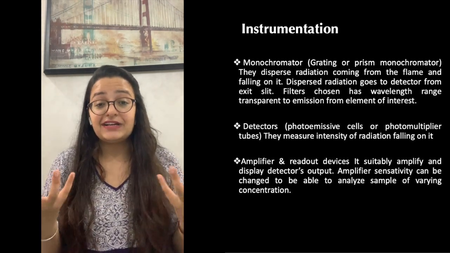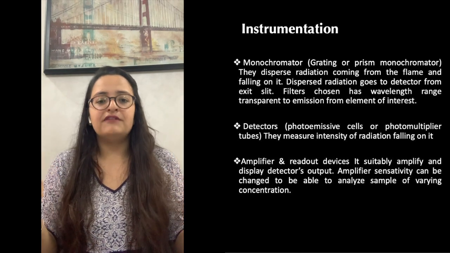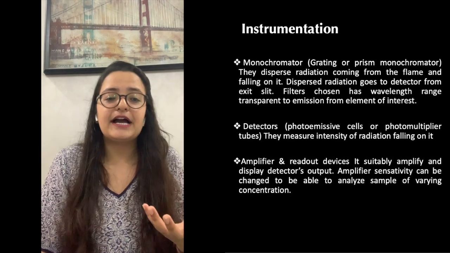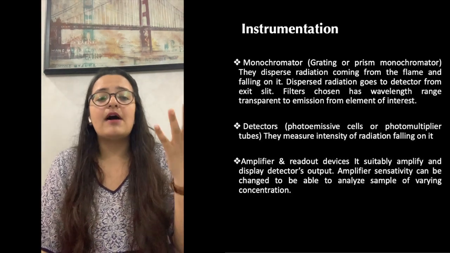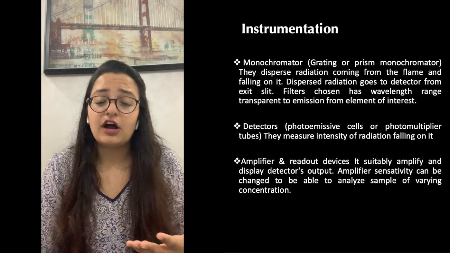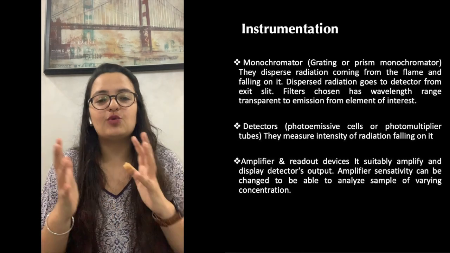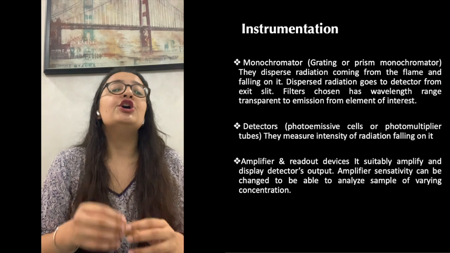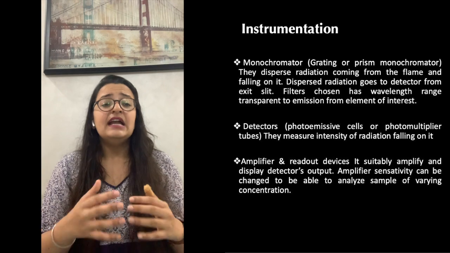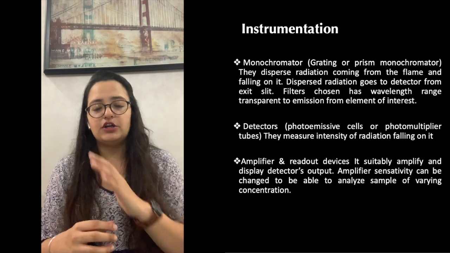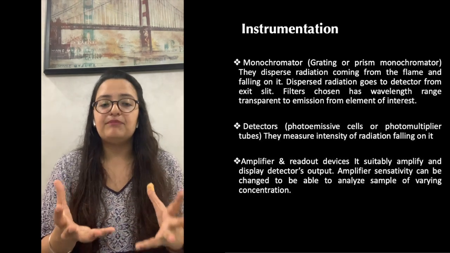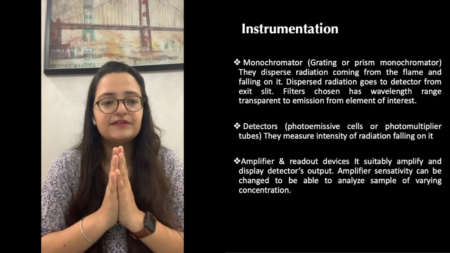Detectors detect the particular atoms' emission. Photoemissive cells or photomultiplier tubes are widely used, because you have already studied them in UV spectroscopy as well as infrared spectroscopy, and they measure the intensity of radiation falling on them. The amplifier and readout device suitably amplify and display the detector output.